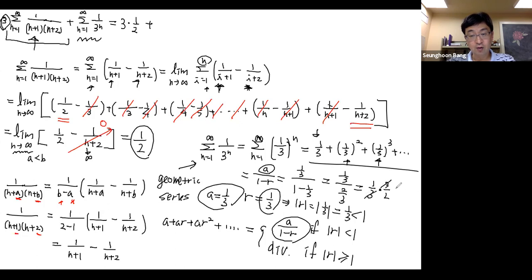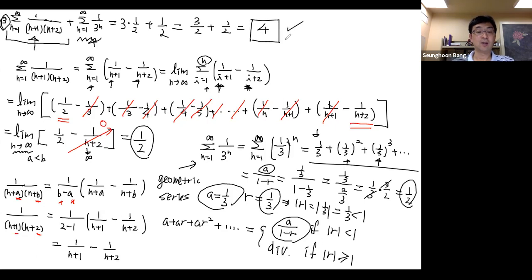The 3 is crossed out. The answer is 1/2. You can plug 1/2 in here. What's the answer? 3/2 plus 1/2 is 4, right? That's the whole idea for solving this problem.